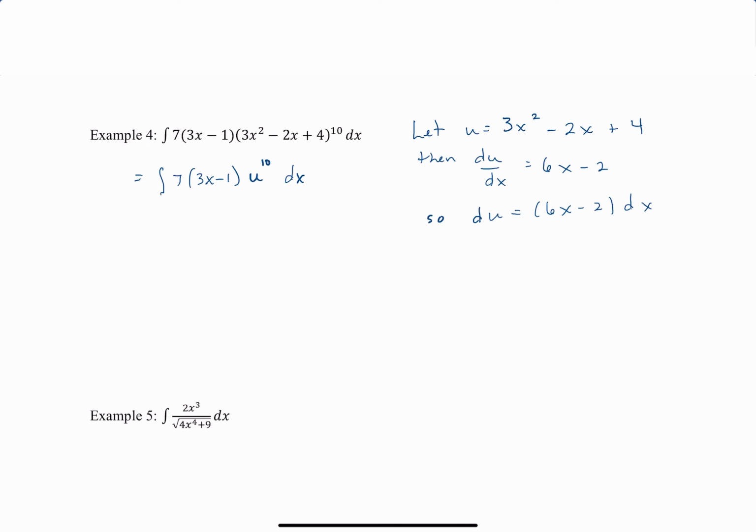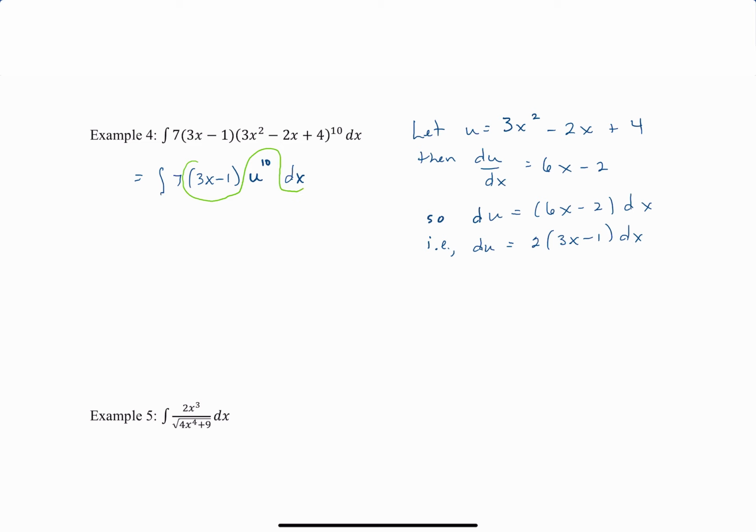But let's notice over here where we said du equals 6x minus 2 dx, notice that we can factor a 2 out of those parentheses. So that's something to try. And, oh, this is actually helpful because I do have a 3x minus 1 in my integral.